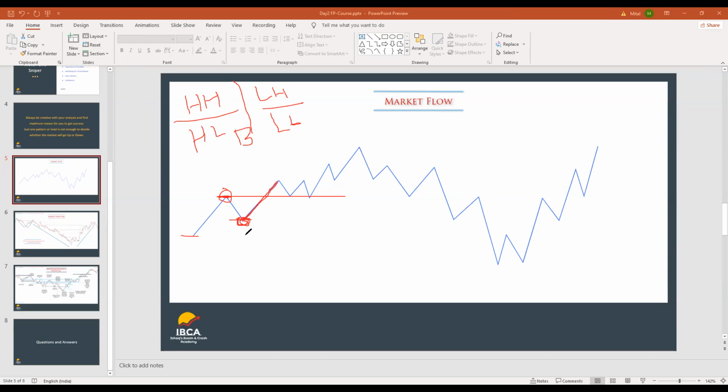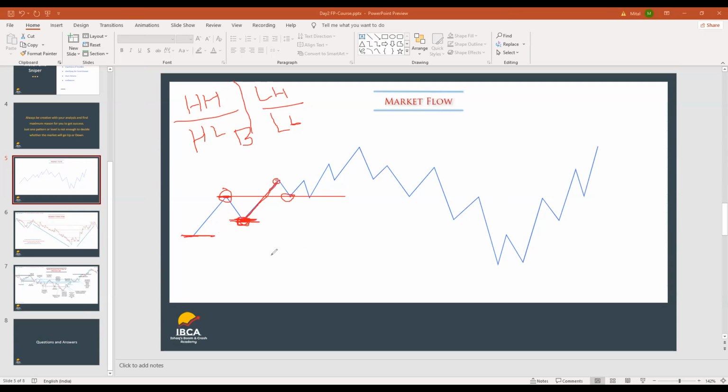Lower low. Okay, and this is low. Higher high. What is this? Higher low. This is a higher low, because yes, this is higher than this area.